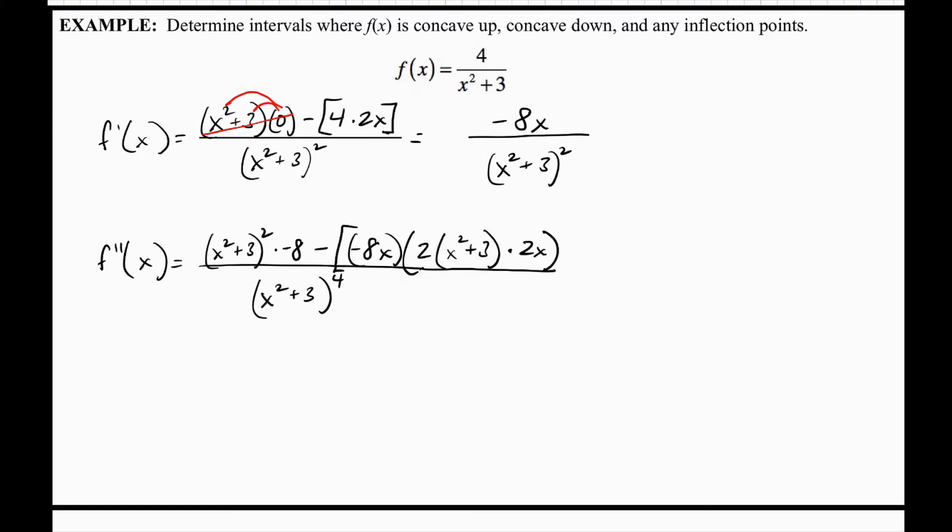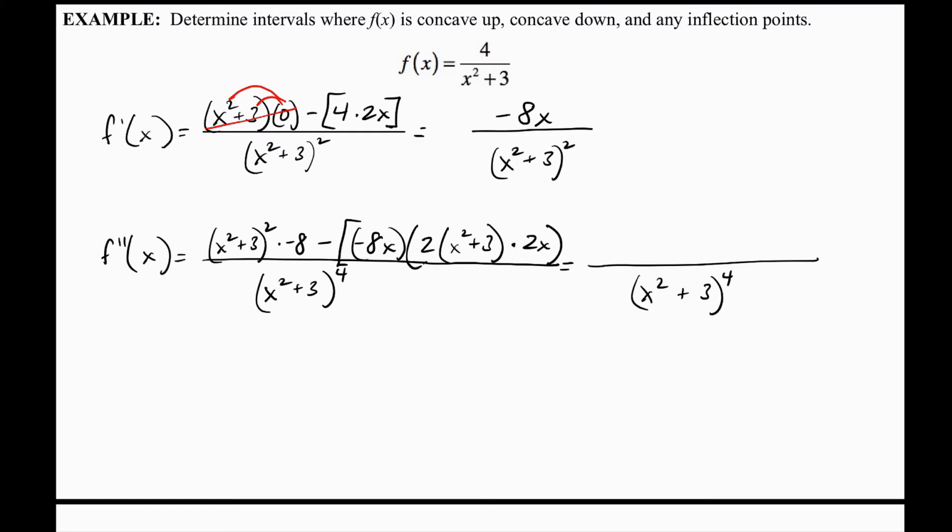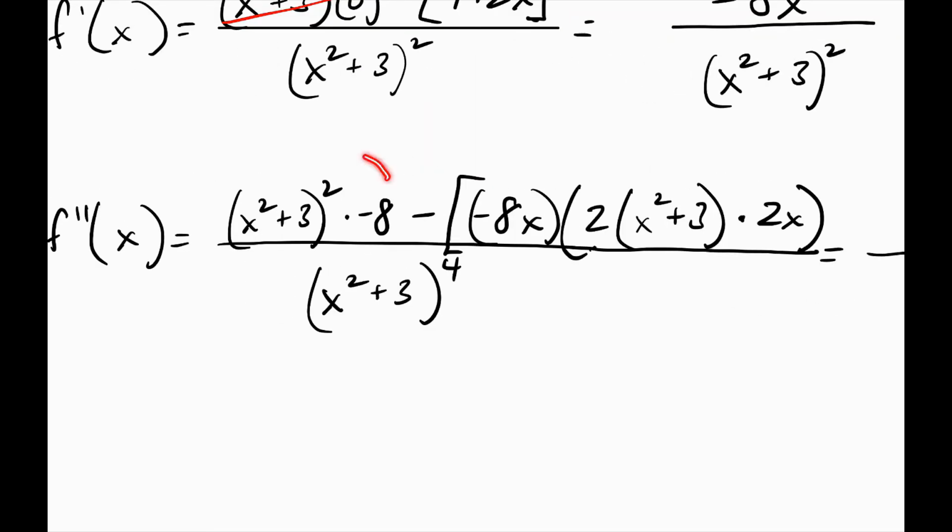There's a lot of stuff going on there, so I have to simplify it before I can use it. The bottom is just x squared plus 3 to the 4th power. On top, I cannot distribute here because it's squared.